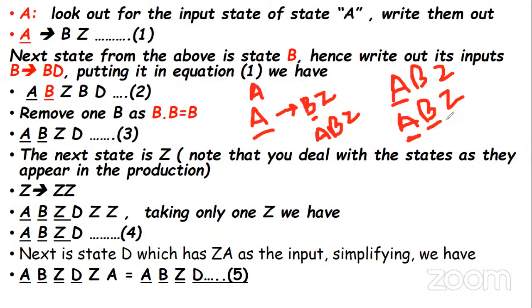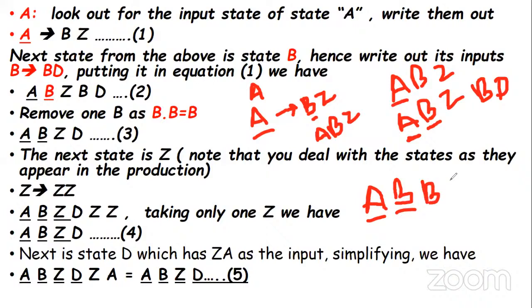What is the input combination of B, which is what? B, D. So what you have in all is that you have A, you have done with A, you have B. So the input combination of B is what?